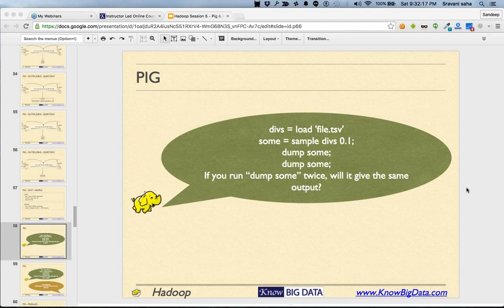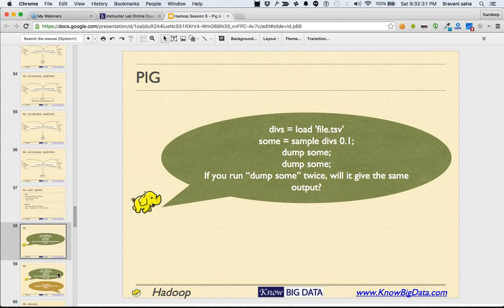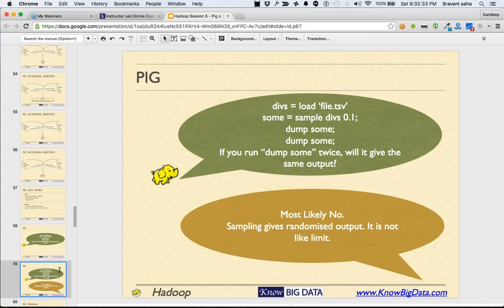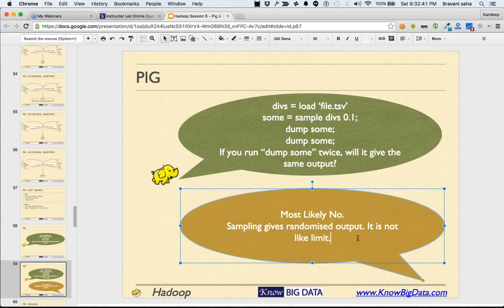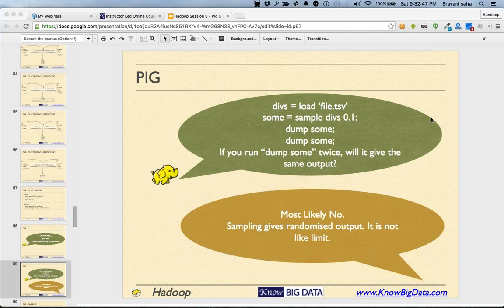Now the strange part is, most likely no, but recent strategies in Pig have changed a bit. So the answer to this question had changed.